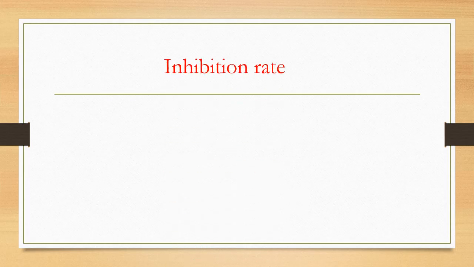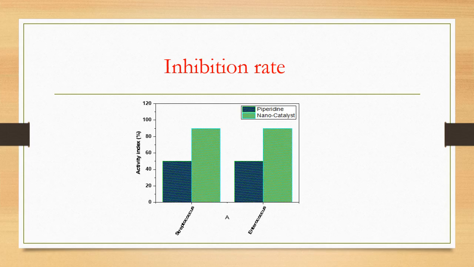That indicates that we have an inhibition rate for our product. The two products which we used in that study are the acetanilide derivatives made by piperidine and the other made using nanocatalysts.